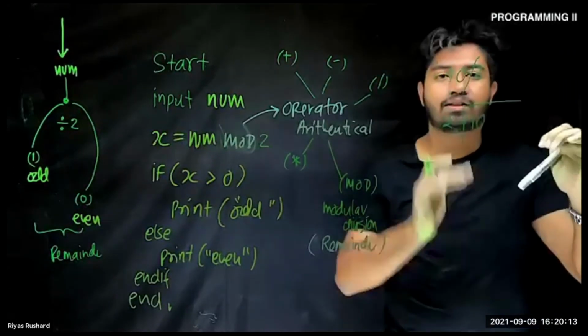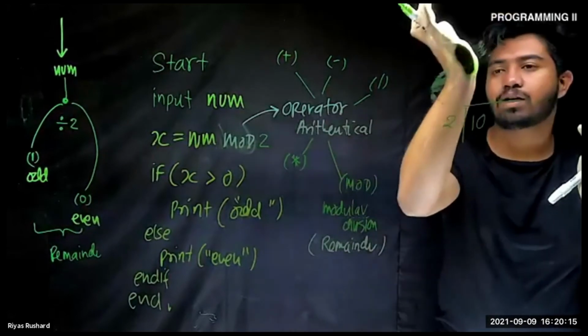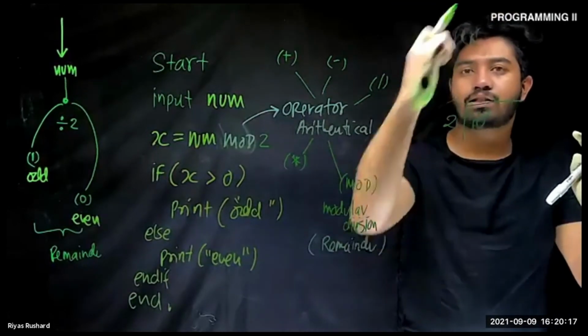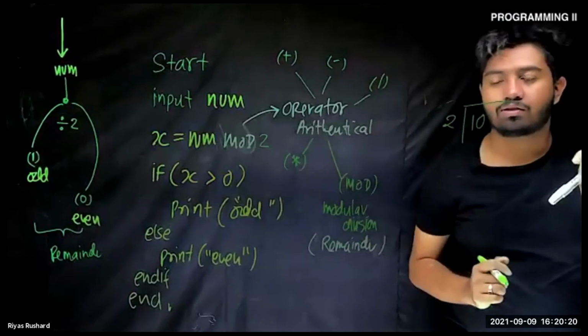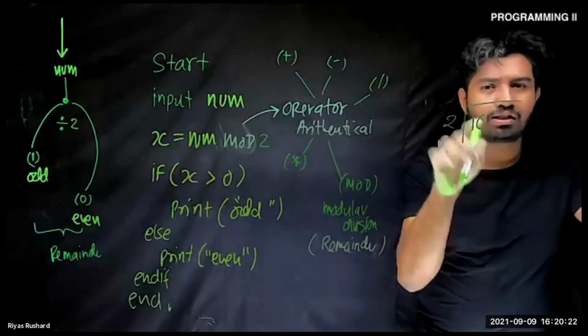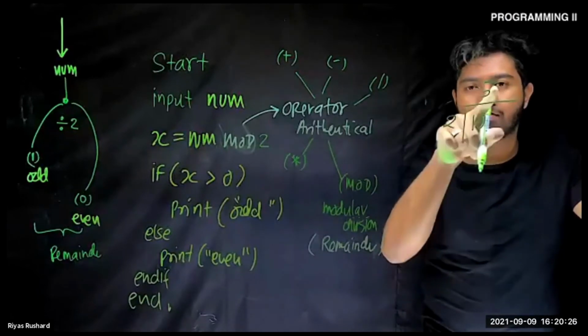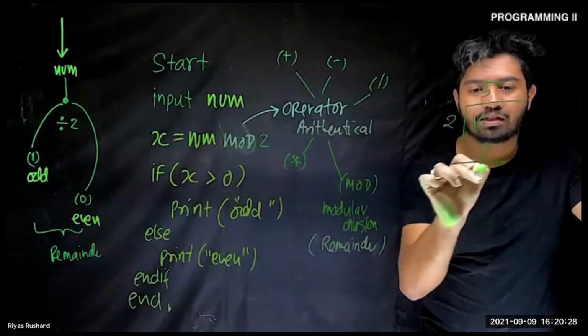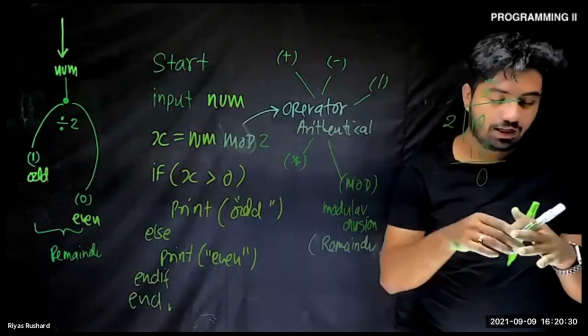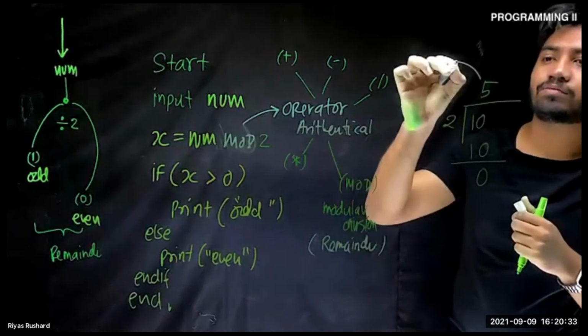If I say it this way, how many 2s are in 10? There are 5. And 2 times 5 is 10. Okay, this is the division.